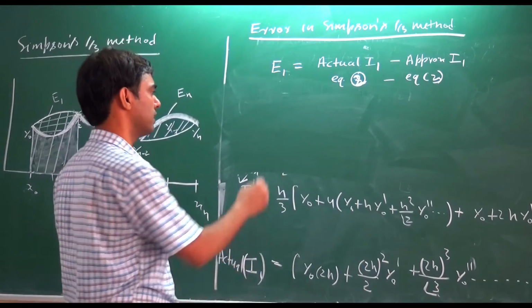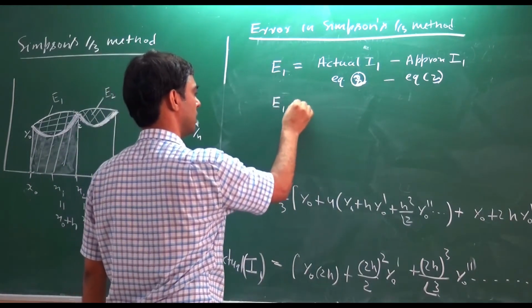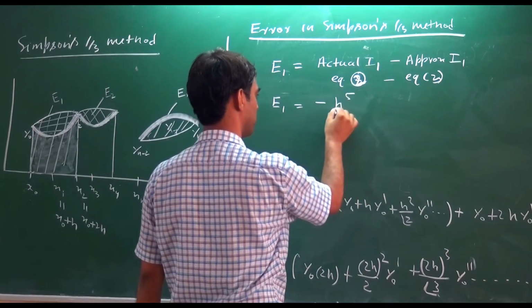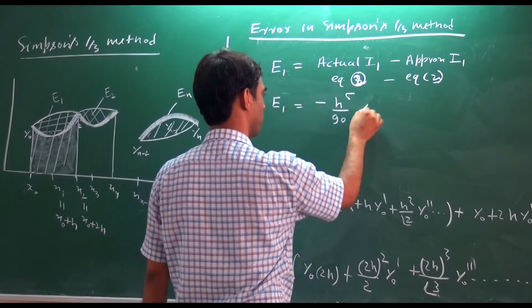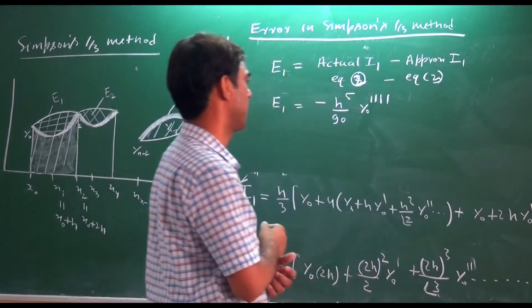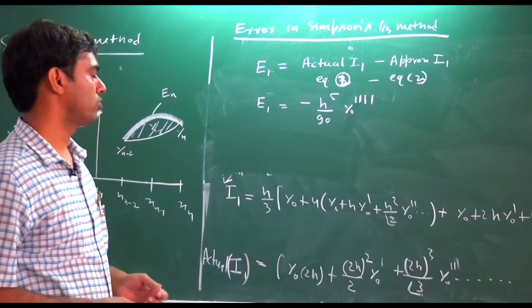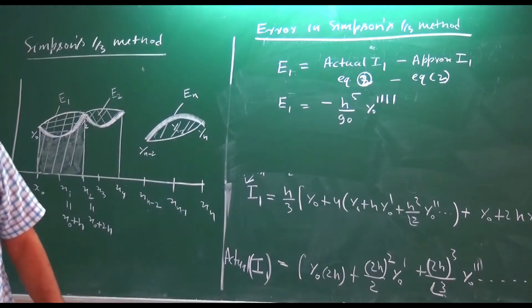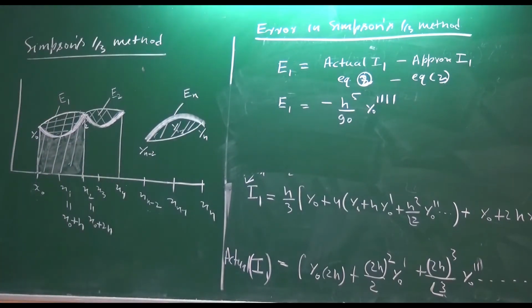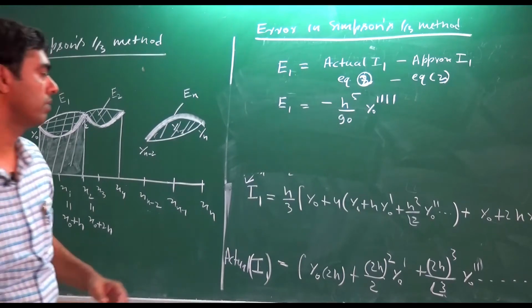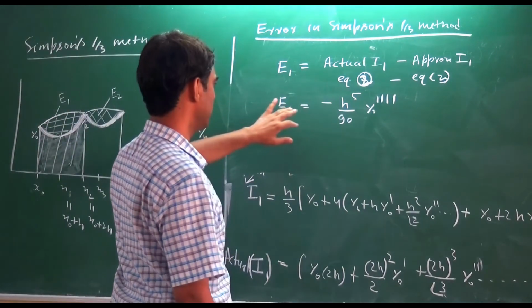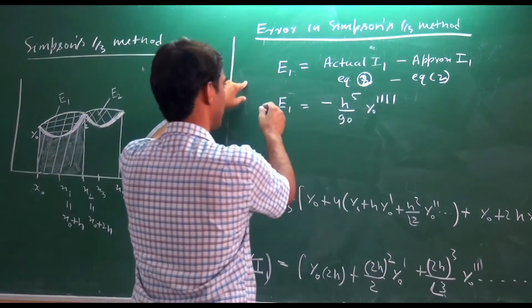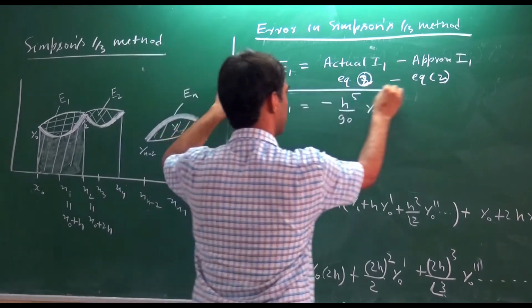So after simplification, E1 equals minus h to the power 5 upon 90 y0 4 dash, meaning the fourth derivative. This one is the value for E1.